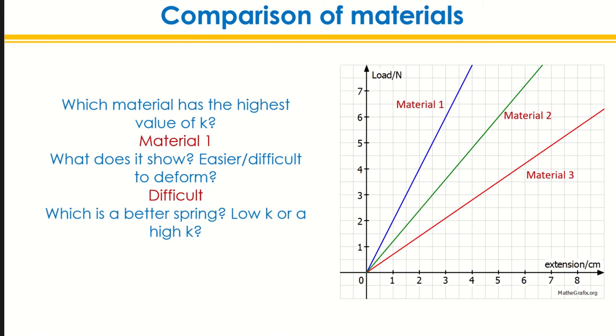So which is a better spring, low k or a high k? Of course we can't say that one is better than the other because it depends upon your application. For example, you are using a spring in a car, so of course you don't want the car to go down when four persons sit in the car. So you need a spring with a higher value of stiffness when you want to support a heavy load.